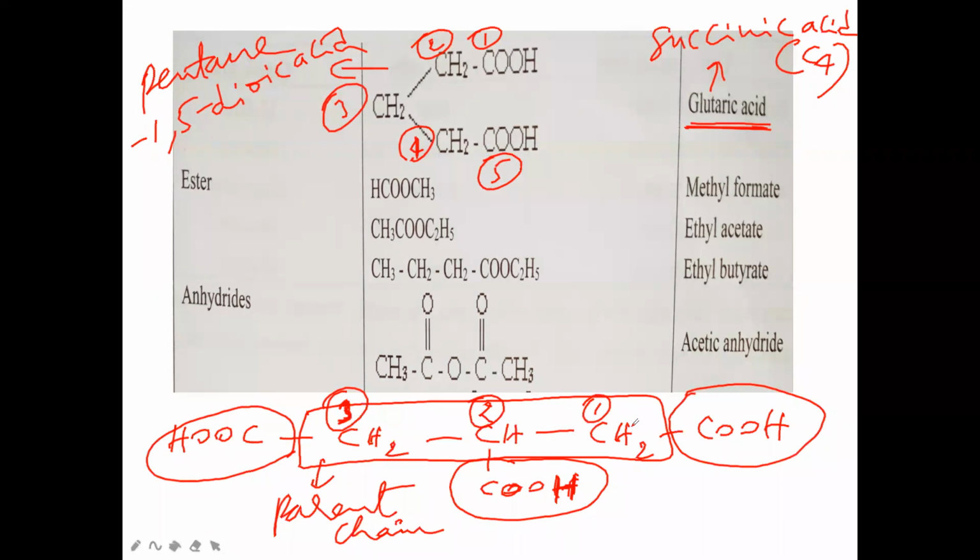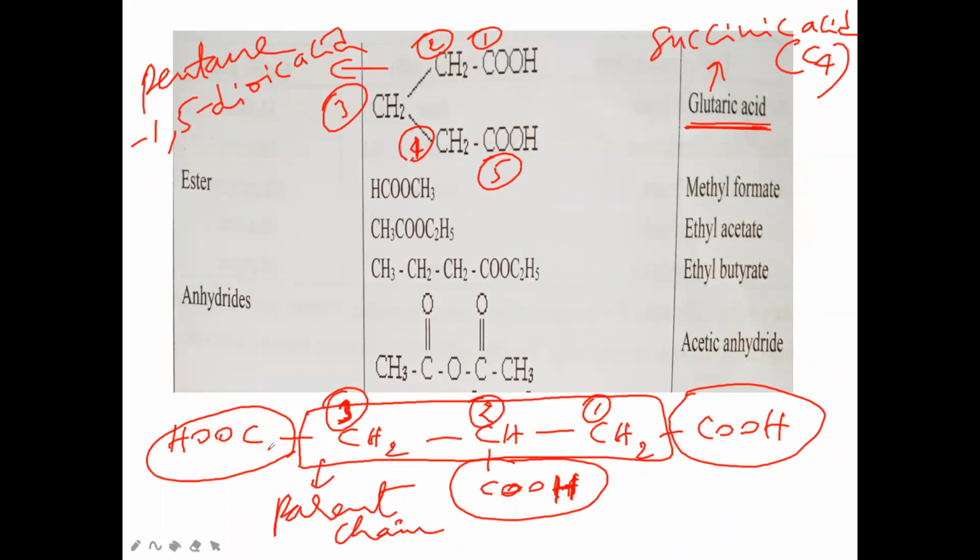On the first carbon 1 COOH group, on the second carbon 1 carboxylic acid group, on the third carbon also 1 carboxylic acid group. So there are 3 carboxylic acid groups. In this case, for this COOH group, we should not use oic acid.